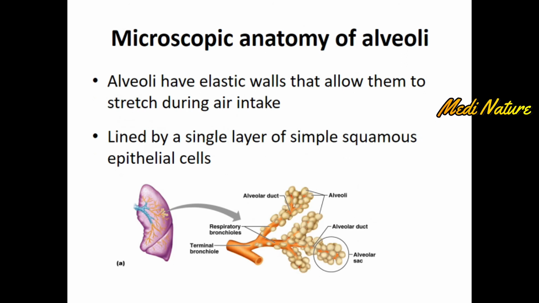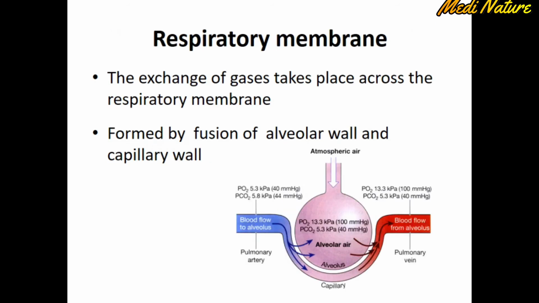When we are considering the microscopic anatomy of alveoli, they have elastic walls that allow them to stretch during air intake. And also, they are lined by a single layer of simple squamous epithelial cells, which facilitates effective gas exchange through them. The active gas exchange takes place across a structure called the respiratory membrane.